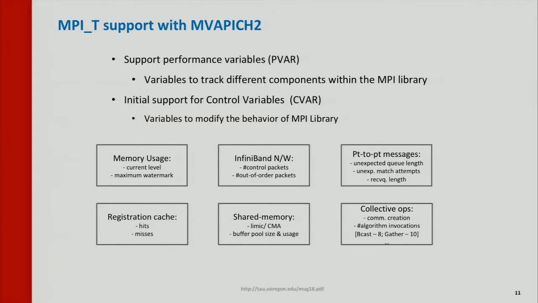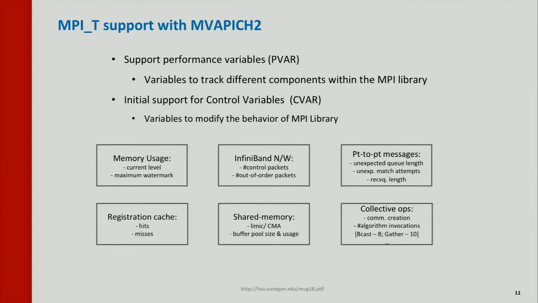So with MPI tools support, there are two types of variables that are exported. One is the performance variables, and the other is the control variables, or CVARS as we call them, and we have support for the control variables in MVAPICH. Some of these are listed over here. So you can see that for memory usage, you can see the current level of memory usage, the maximum watermark. In InfiniBand network, you can see the number of control packets, out of order packets.